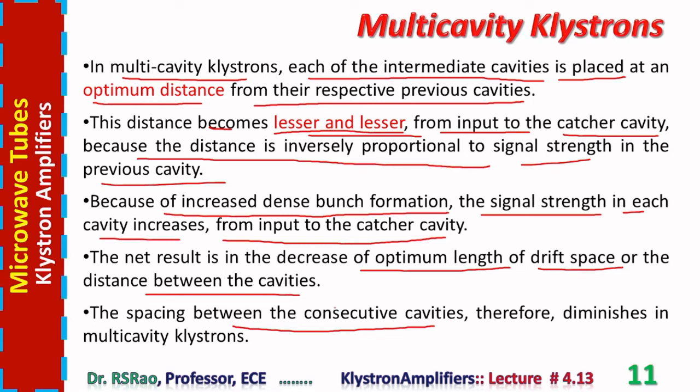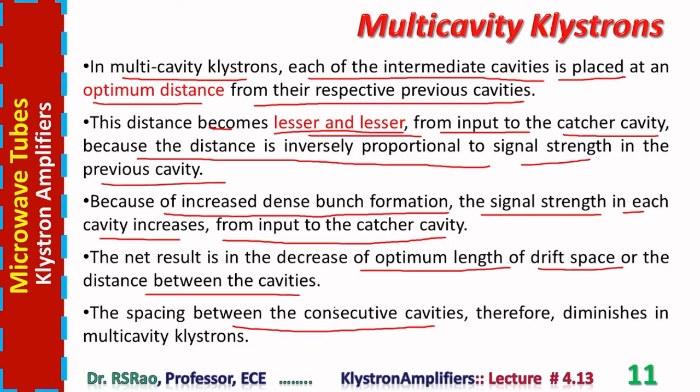Two aspects one has to keep in mind regarding multi-cavity Klystron amplifiers are, one, the bunching process. It is done more intensely with the help of intermediate cavities, resulting in very thin, highly dense electron bunches.